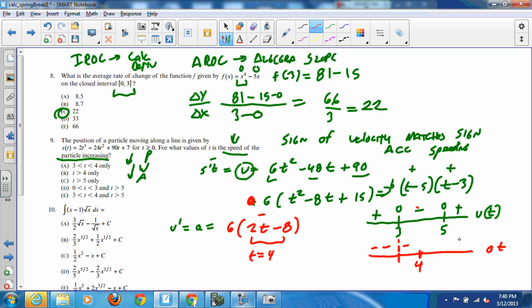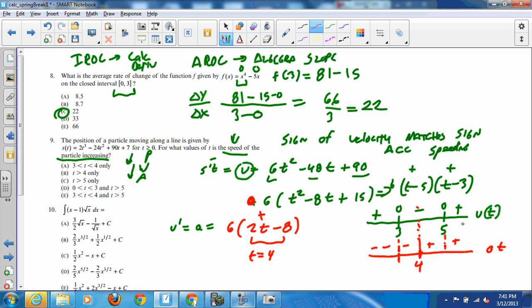So let's go ahead and pick a number bigger than 4, like 5. 5 times 2 would be 10. 10 minus 8 is positive, so it turns positive here, right? So there's my 4. So between 4 and 5, acceleration is positive and the velocity is negative, so it's not speeding up there. But once it hits 5, they both match up, right?